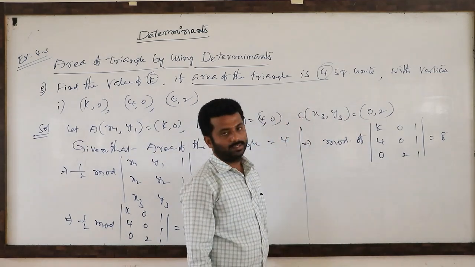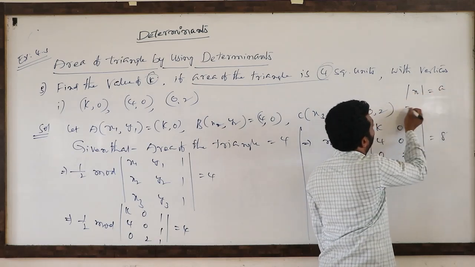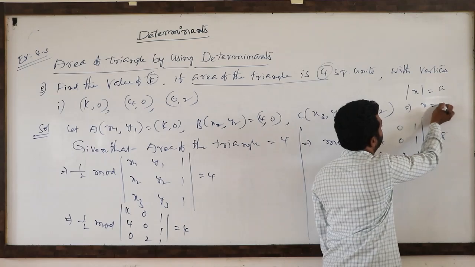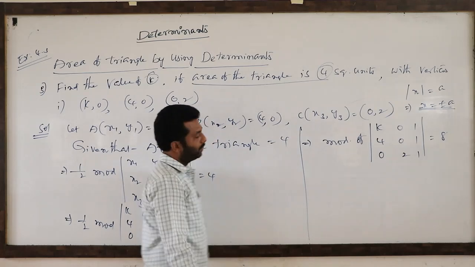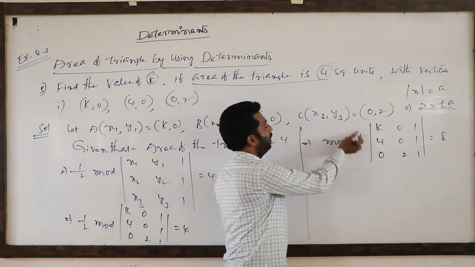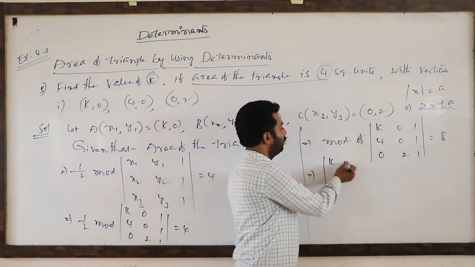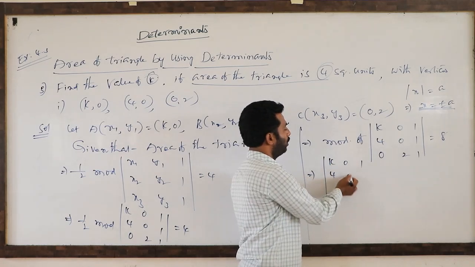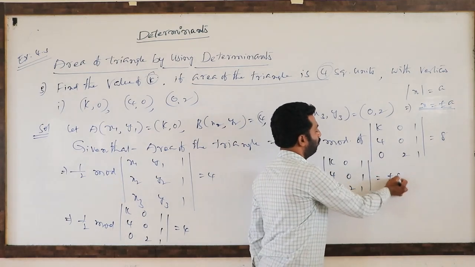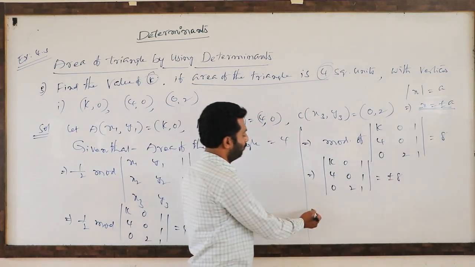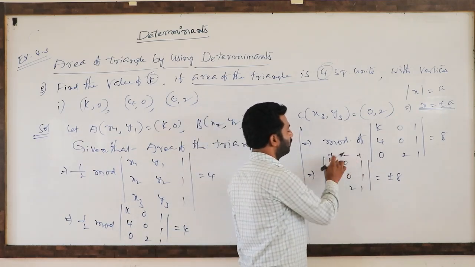What about this modulus? Already you know, suppose mod x equals a, then if I remove the modulus, x can be written as x equals plus or minus a. So if I delete this modulus, we can write this determinant k 0 1, 4 0 1, 0 2 1 equals plus or minus 8. Now you can expand along any row or any column, with signs plus, minus, plus.